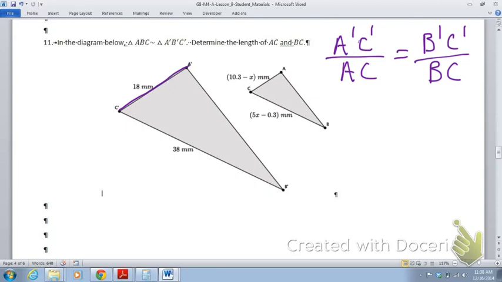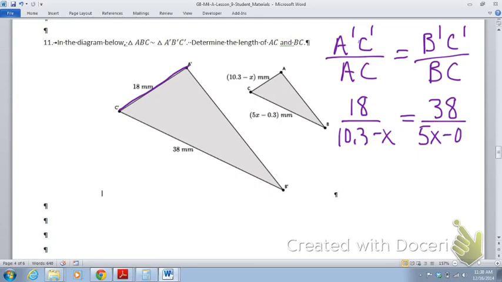And so if I put in those lengths that I'm given, then I have A prime C prime is 18, and AC is 10.3 minus x. That would be equal to the ratio of 38 to 5x minus 0.3, and that's going to be in millimeters.